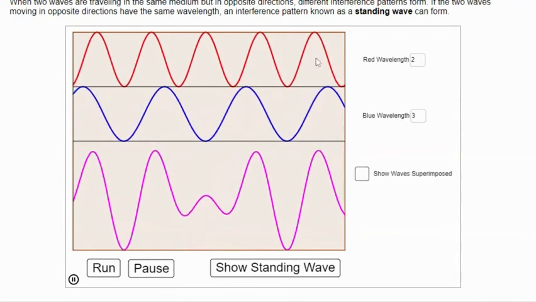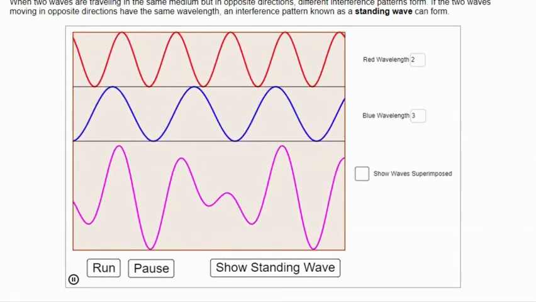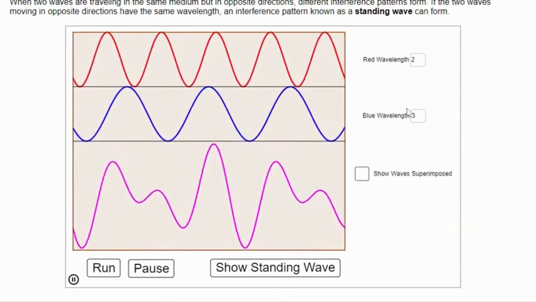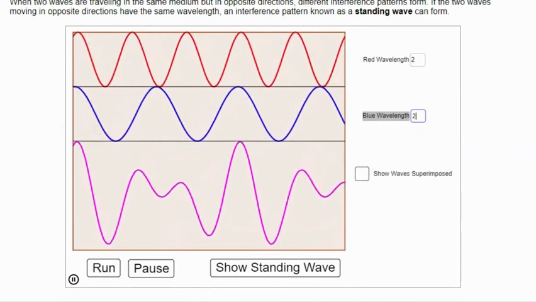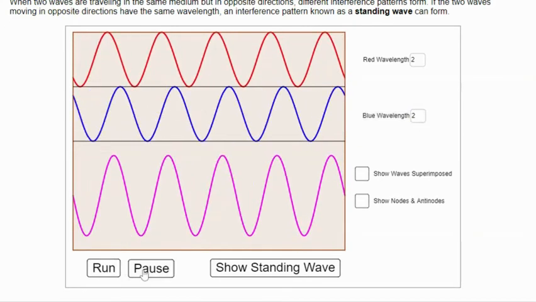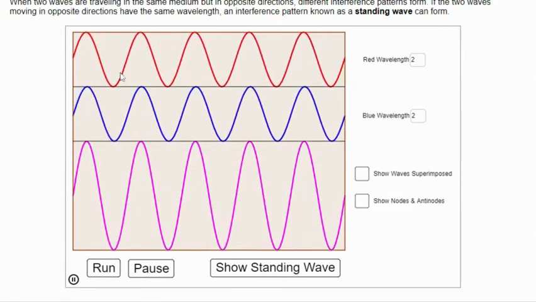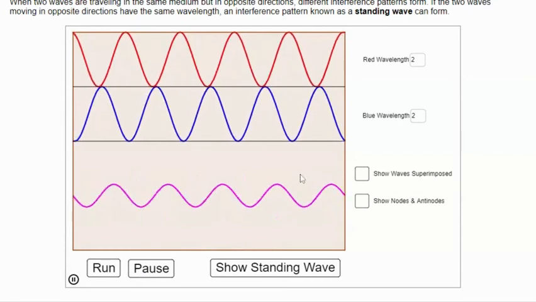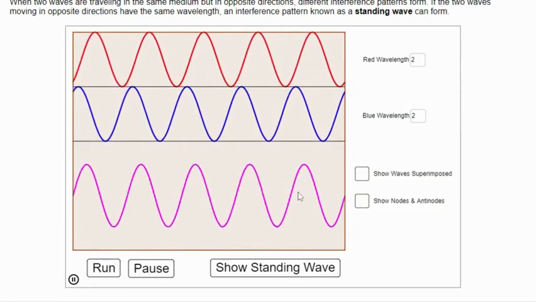But this is the kind of thing that happens when you set up a periodic wave in a string, because now let me change them all to the same wavelength. Because when they're all the same, they interfere with each other in a very special pattern.